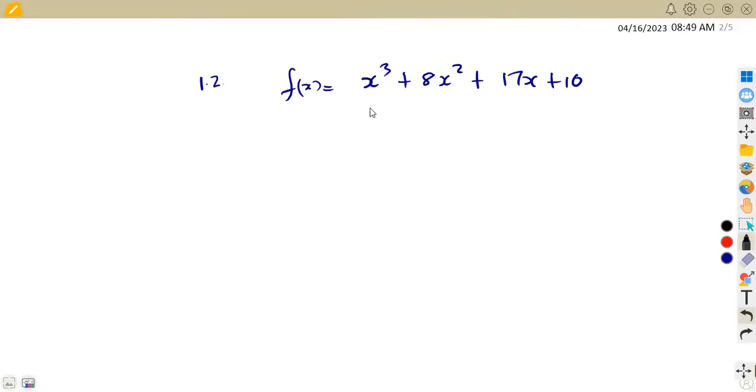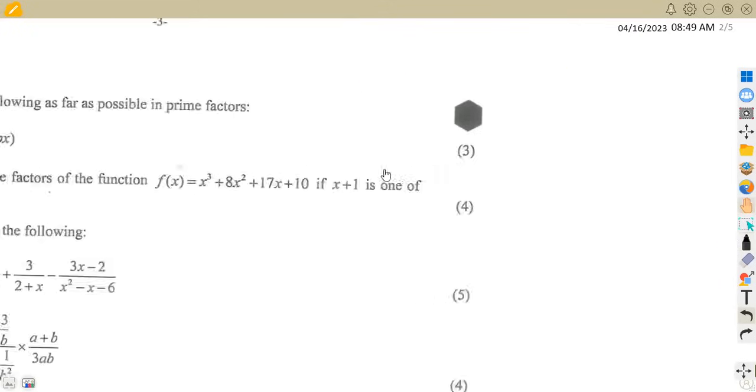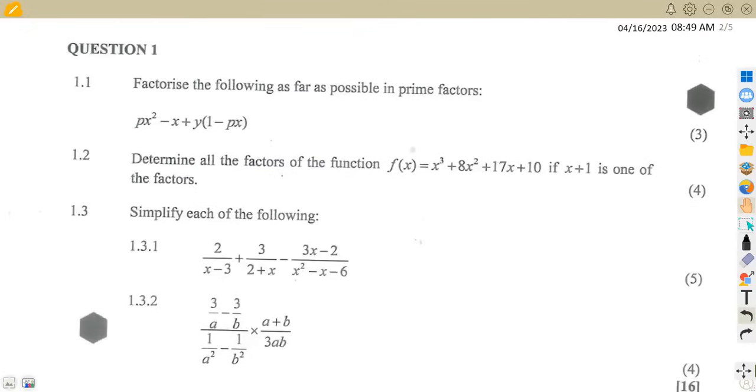Then we are given that x plus 1 is a factor. The moment you are given a factor and you are asked to determine other factors, this is simply to factorize. When you are asked to determine all factors, the question is simply asking you to factorize.